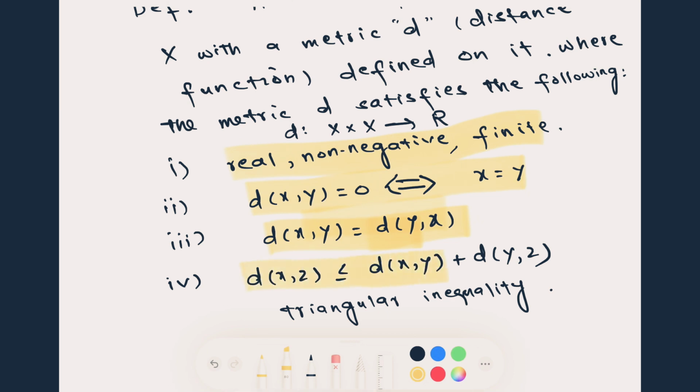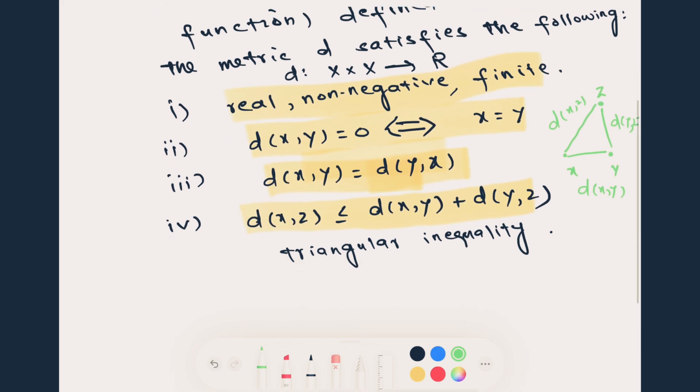And this one is the triangular inequality. So, if you have 3 points, for example, x, here is y, and here is z. So, this distance is dxz, this is dxy, and this one is dyz. So, this will obey the triangular inequality.